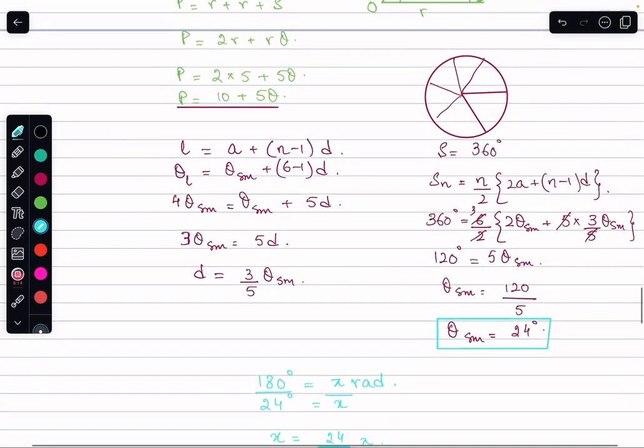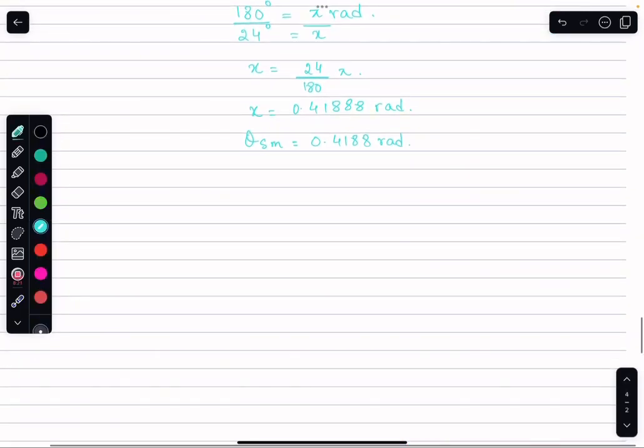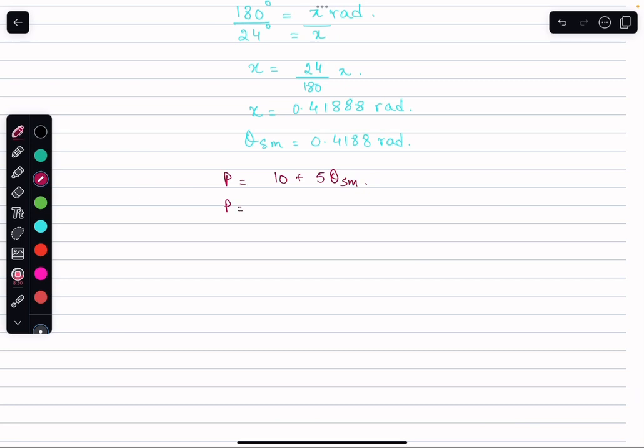Substituting this in the perimeter formula, which is equal to 10 plus 5 theta, my perimeter here was 10 plus 5 theta smallest. So it should be equal to 10 plus 5 times 0.4188, or I can say that this perimeter is going to be 12.1 centimeters.